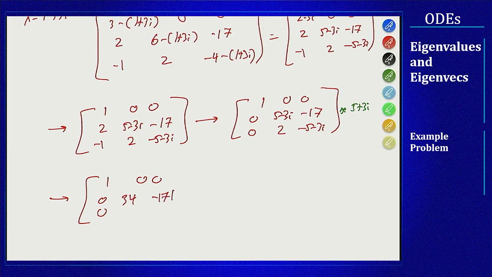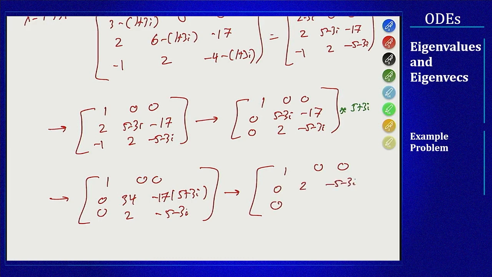Negative 17 times 5 plus 3i, 2, negative 5 minus 3i. If you look at that for long enough, the top row there is just 17 times the bottom one. This will row reduce to 1, 0, 0, 0, 2, minus 5 minus 3i, 0, 0, and 0.